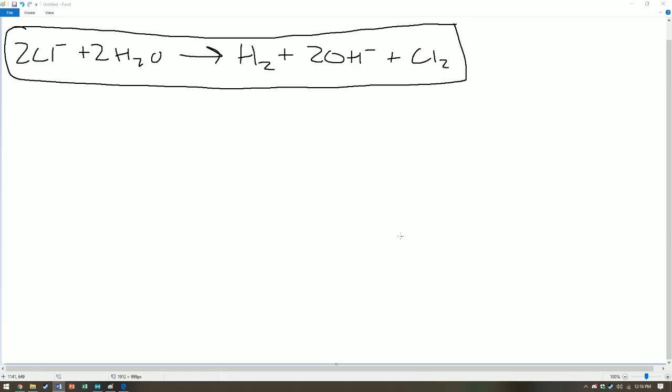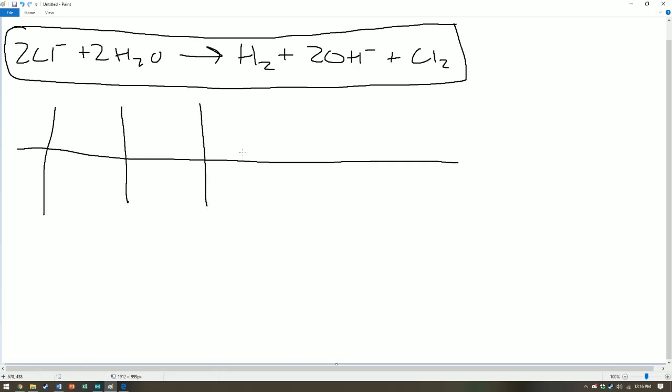And we are told that there was half a liter of 1 molar La solution. So we are told that there's half a liter of 1 molar of that.